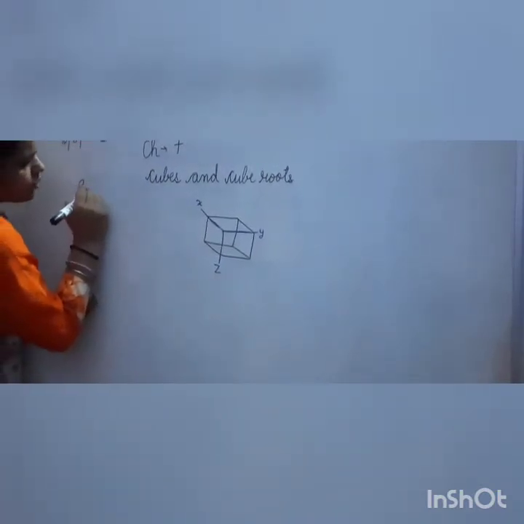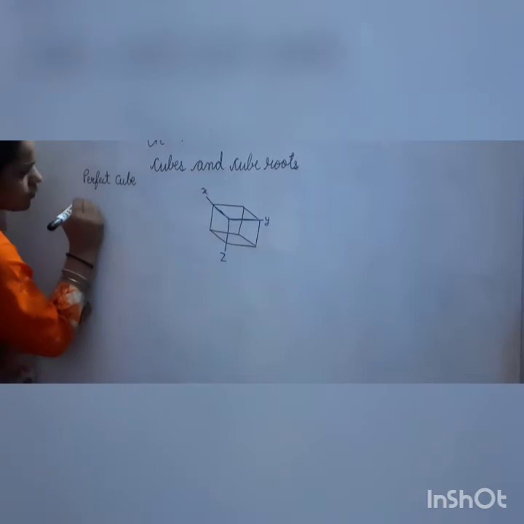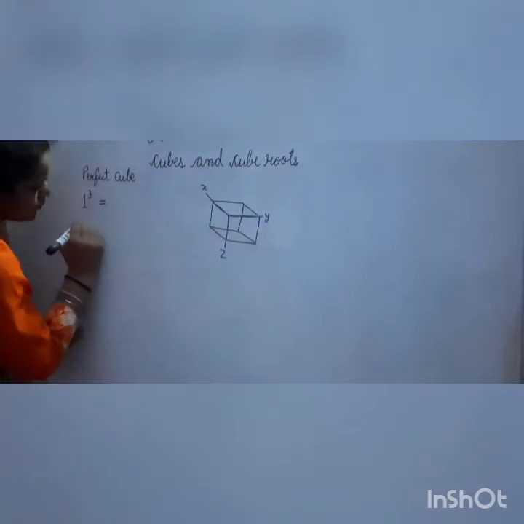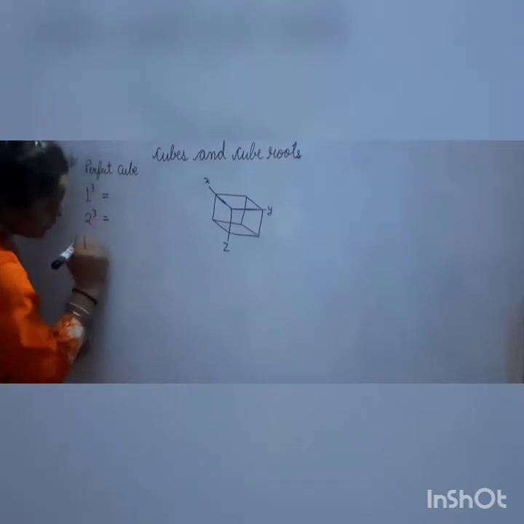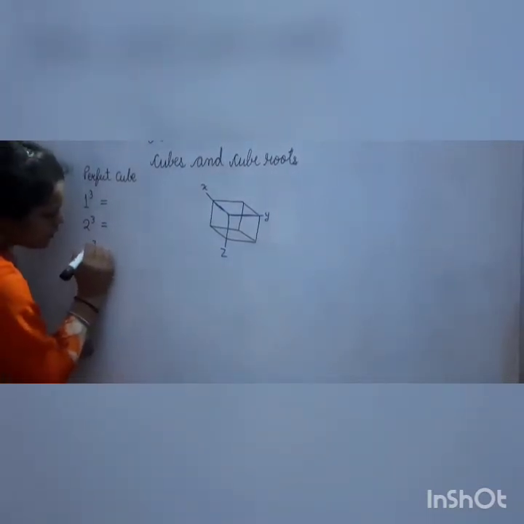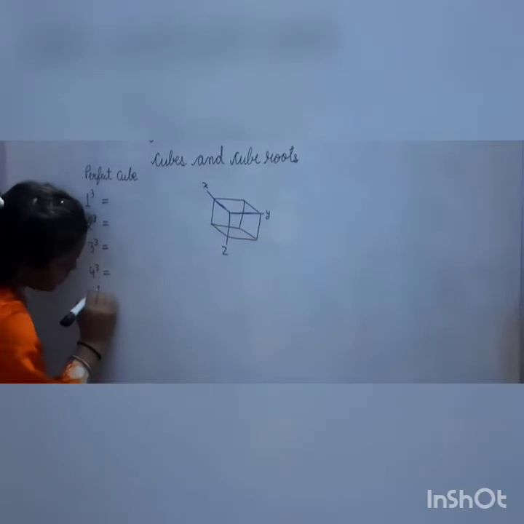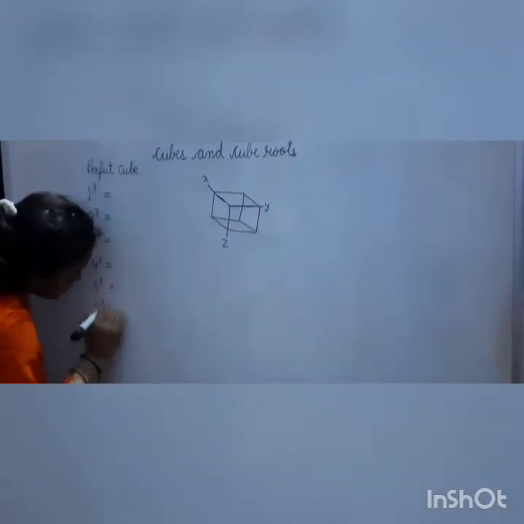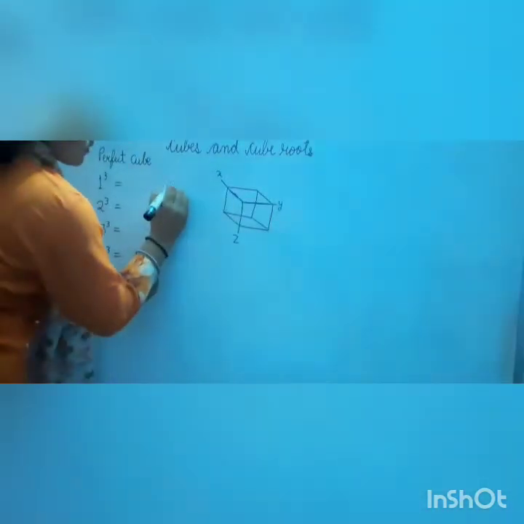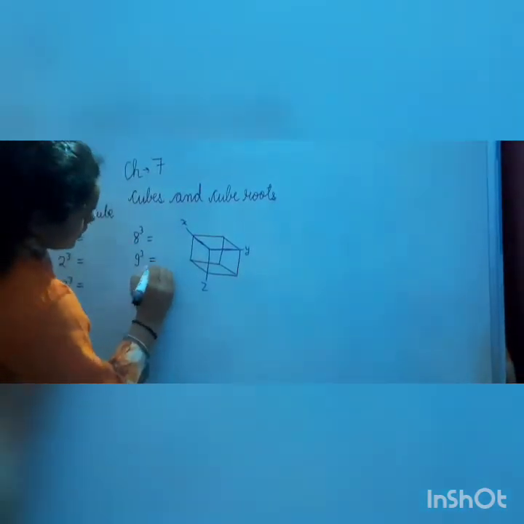Now I will tell you about the perfect cubes of 1 to the power 3, 2 to the power 3, 3 to the power 3, 4 to the power 3, 5 to the power 3, 6 to the power 3, 7 to the power 3, 8 to the power 3, 9 to the power 3, and 10 to the power 3.